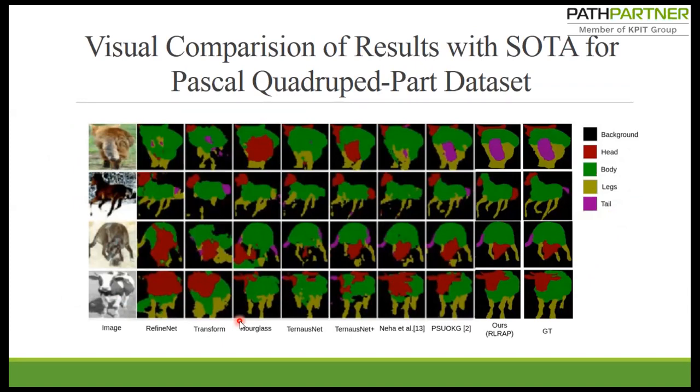As we discussed prior, we have these 6 to 7 predefined methodologies, which are RefineNet, Transform, Hourglass, ResNet, Net Plus, and so on. If you observe the mask of the individual part, we are nearly equal to the ground truth. We are achieving almost nearly equal to the ground truth mask.